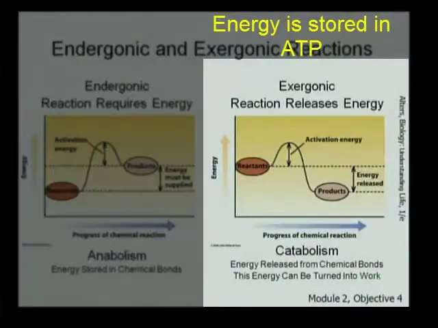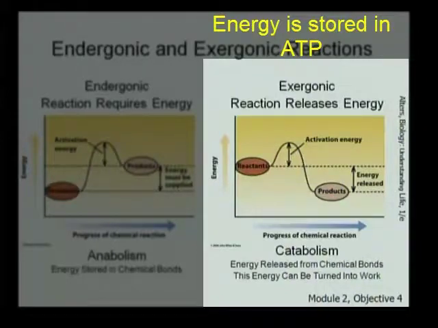Almost every time that we have a reaction that releases energy, we want to store that energy for later use, and when we want to store energy for later use or for use in another location or another set of chemical reactions, then we do that by using the energy currency of ATP.